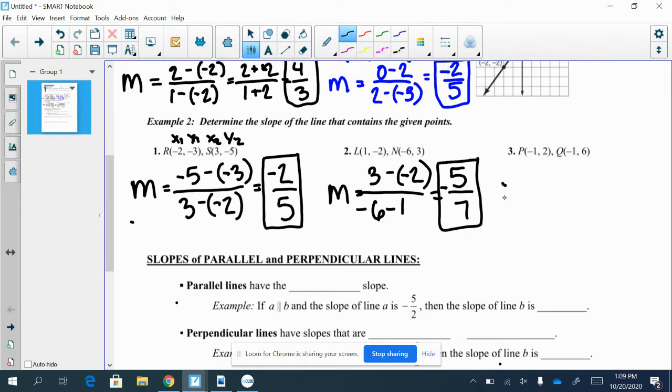So m is equal to 6 minus 2 over -1 minus -1. That would be 4 over 0. You cannot have a 0 in the denominator, so technically this slope is undefined. You cannot divide by a 0.